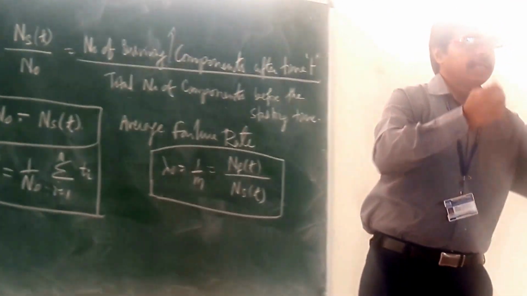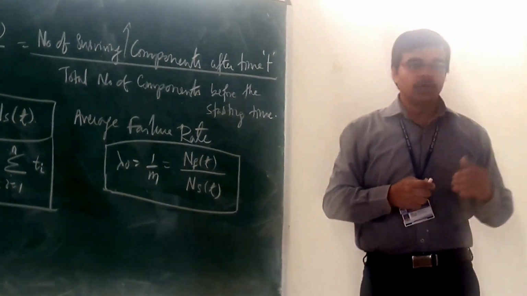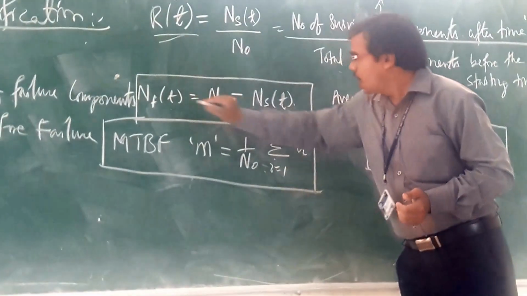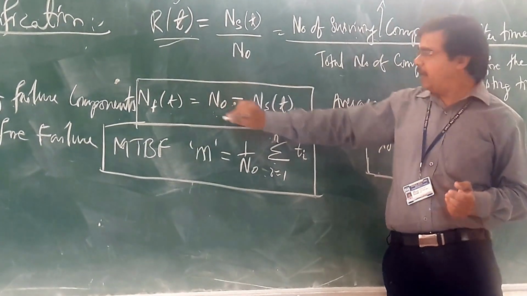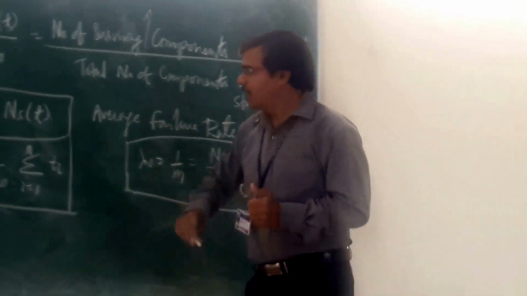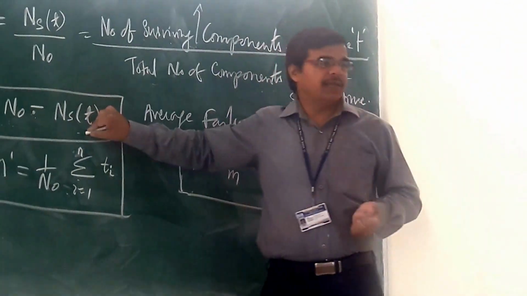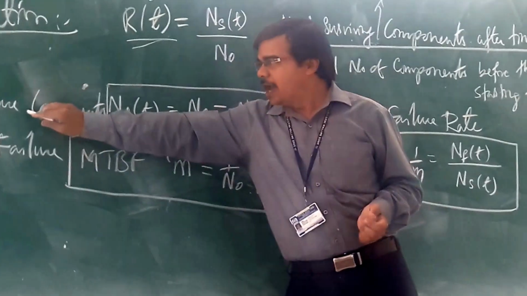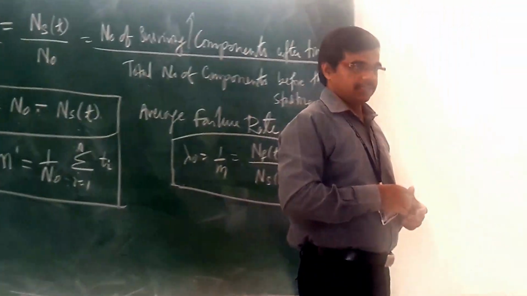How many components failed to perform? The number of failed components will be the total number of components minus the number of surviving components. So it is very simple.